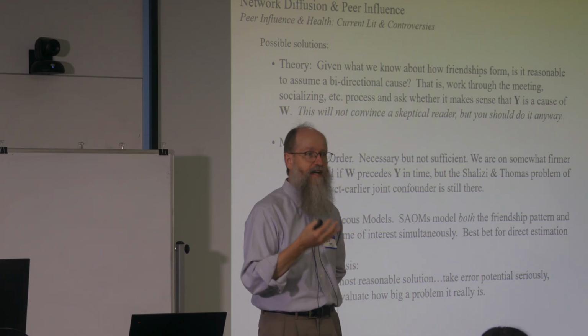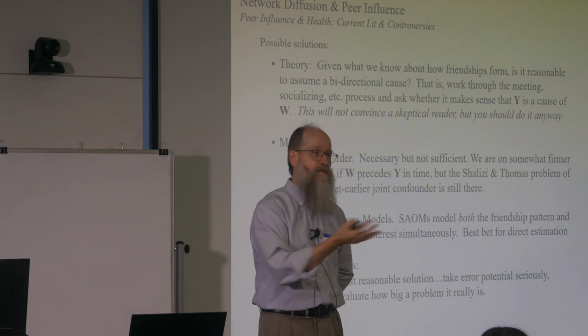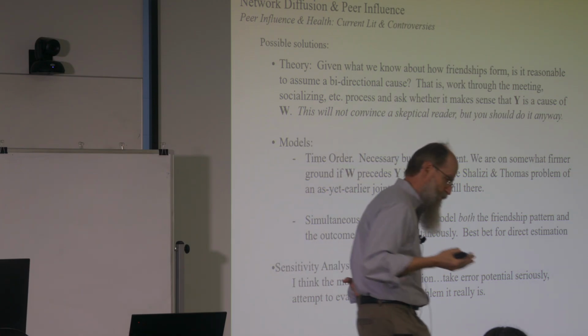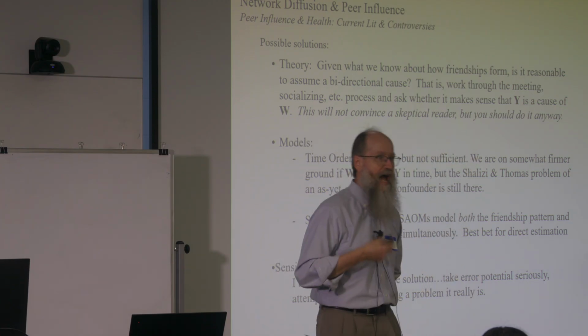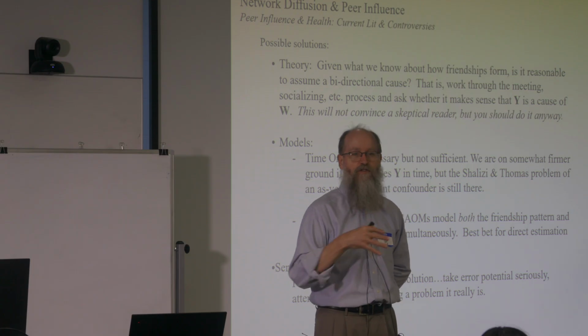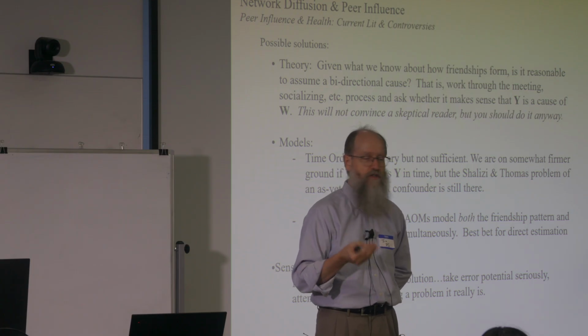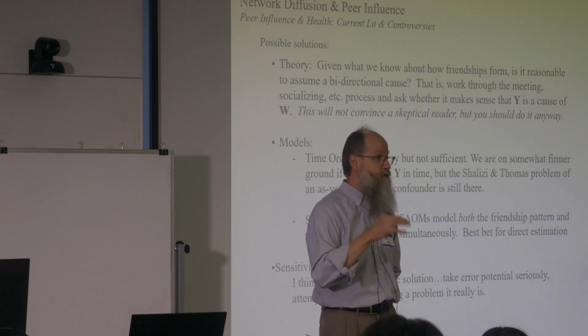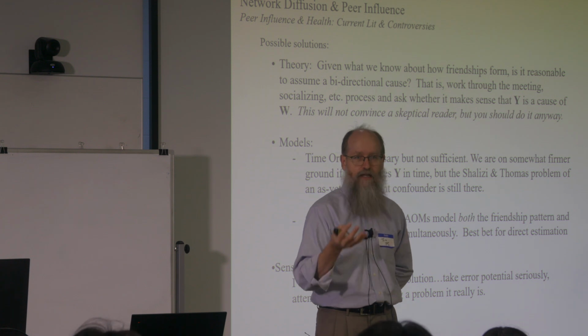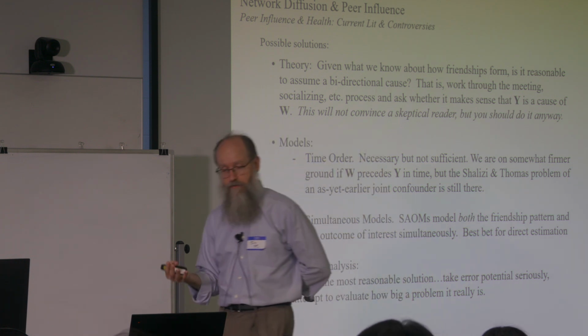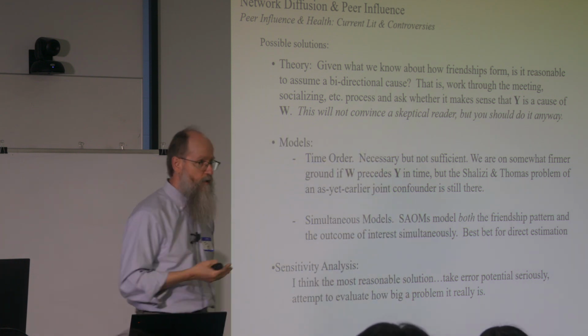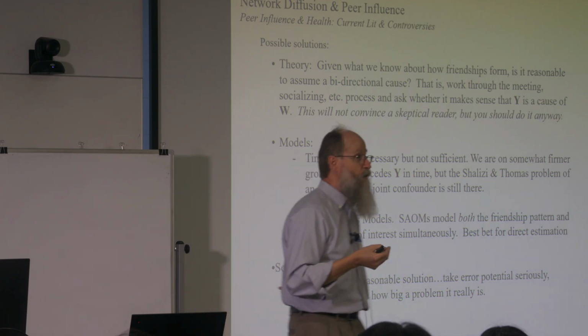So the question is not, does peer influence exist? The question for theorists and for people trying to do work in this field is to think about how peer influence works. And our assumption at this point, after 20 years of doing this work, should be that yes, our measures of peer influence are going to be contaminated by other kinds of upstream features that we can't necessarily control for.